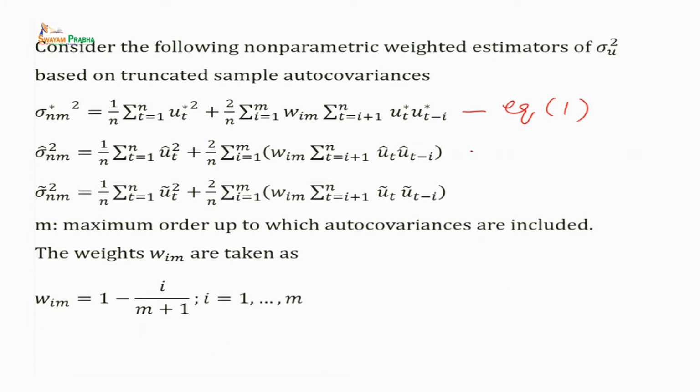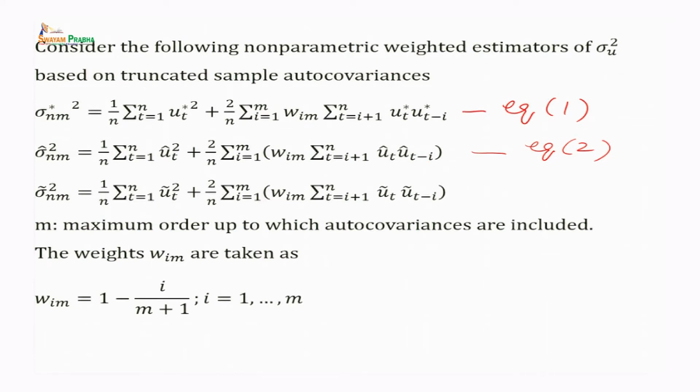Similarly, for the second equation, the estimator of sigma square u is sigma hat square n m equal to, again you have this first part which is based on the sum of squares of estimated residuals, plus you have the second part 2 by n summation i equal to 1 to m w i m summation t equal to i plus 1 to n u hat t u hat t minus i.